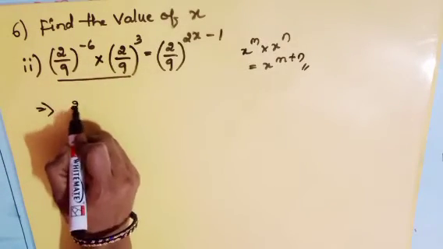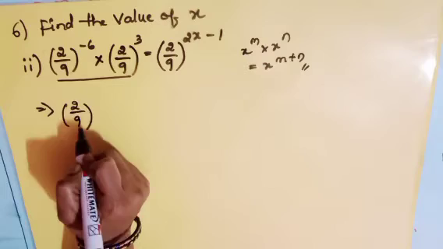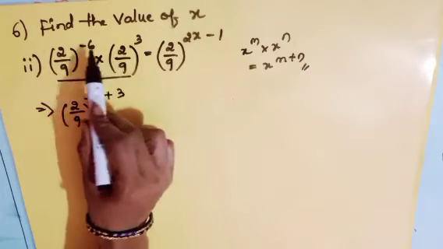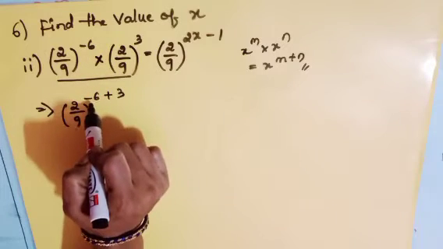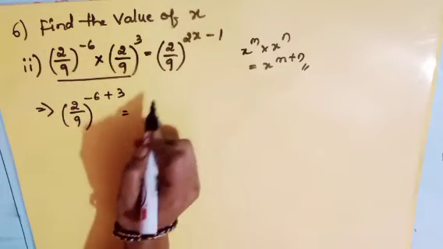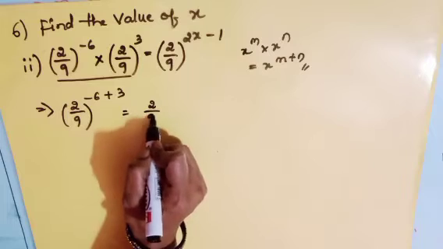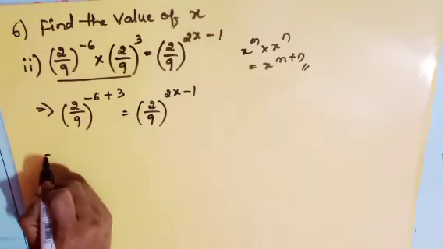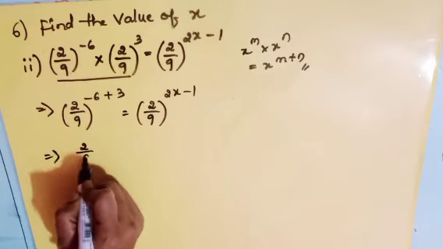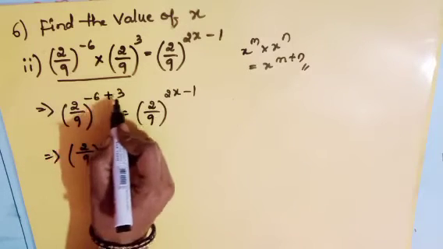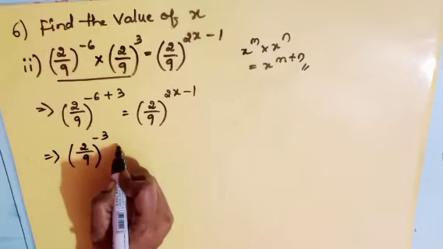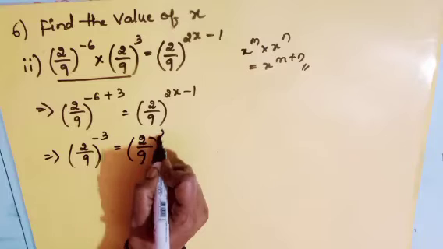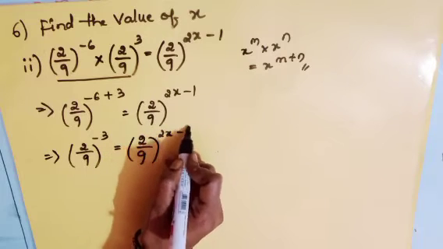So (2/9)^(-6+3). When bases are same, we have to add the powers. Therefore minus 6 plus 3 equals minus 3. As it is, we write (2/9)^(2x-1). Next, (2/9)^(-3) = (2/9)^(2x-1).